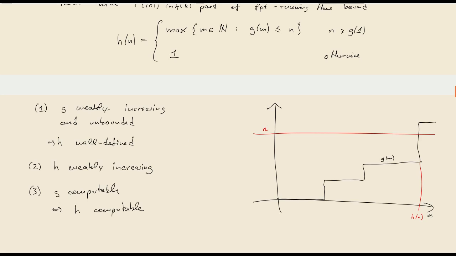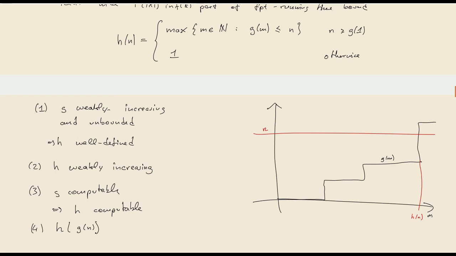Since we don't need a specific running time for this computability, we can just simulate this max, and we know that there's only a finite range for any n that we have to search for this max, and we can just keep increasing m until we first violate this. So this is easy.